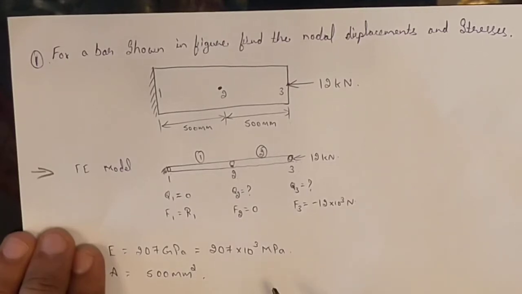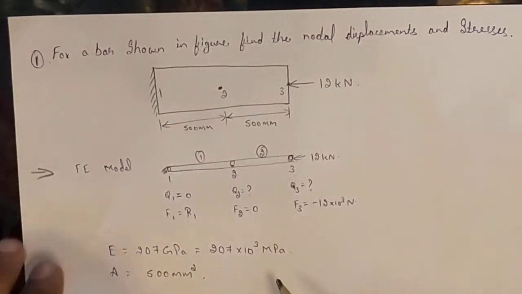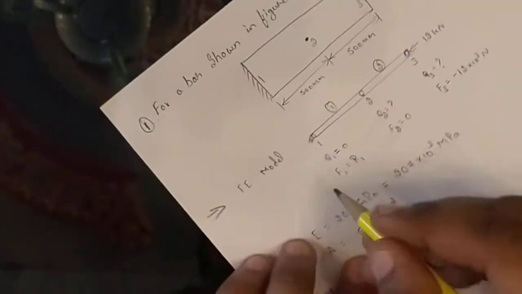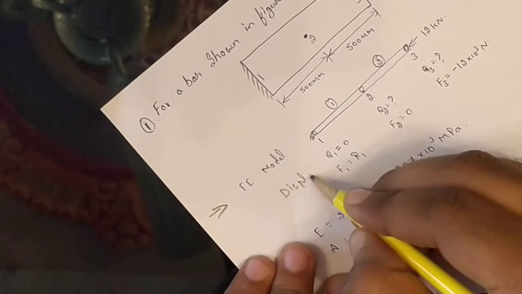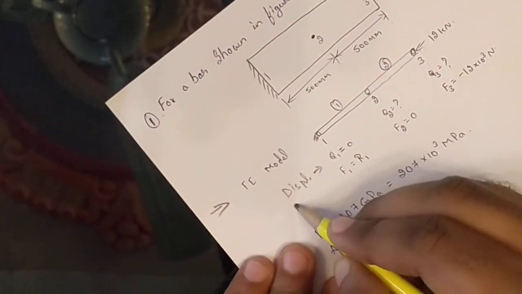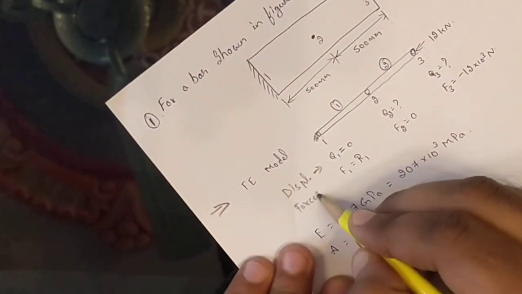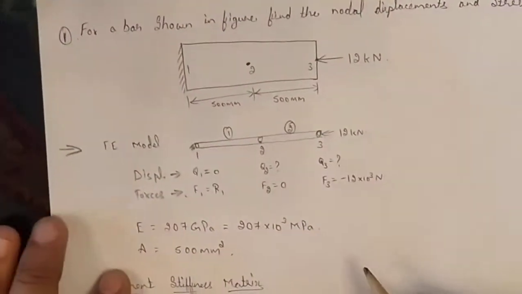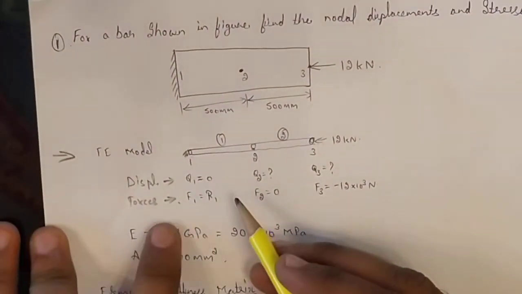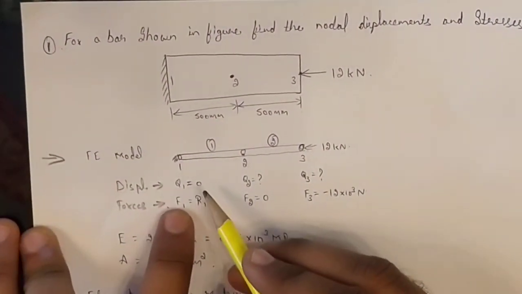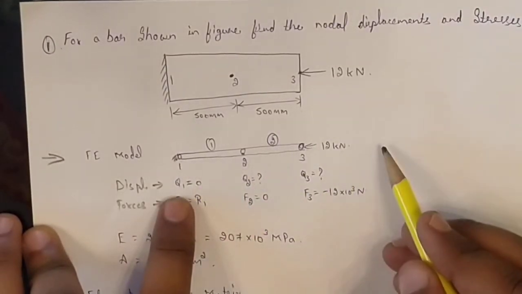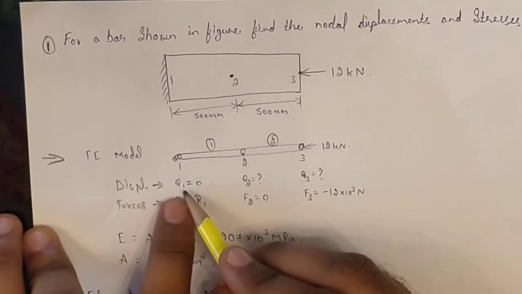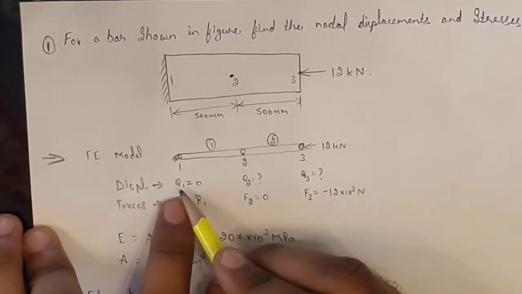Once you write this diagram, write the boundary conditions. What are the boundary conditions? The boundary conditions are displacements and forces. The displacements I will be representing as Q1, Q2 and Q3. It's a one dimensional bar, so only displacement in the x direction, so only Q1.